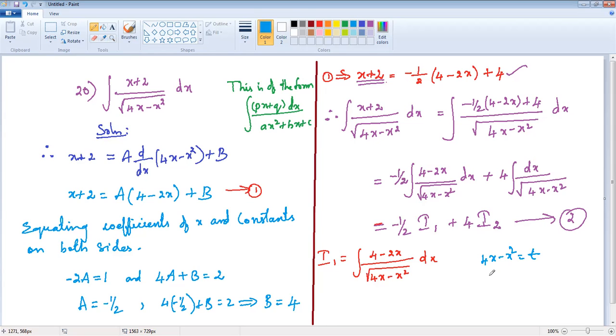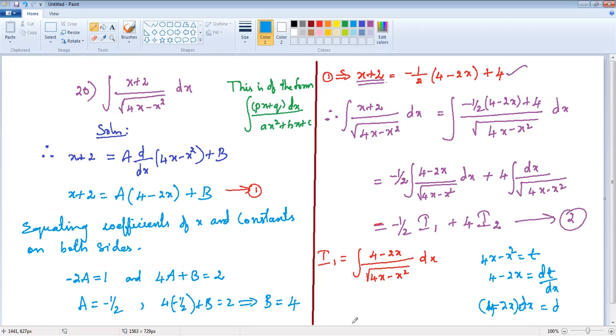So differentiate it, what do you get? 4 minus 2x, which is what is in the numerator, equals dt by dx. So you can replace the numerator: (4 minus 2x) into dx is equal to dt.